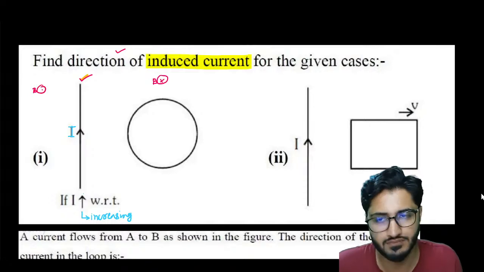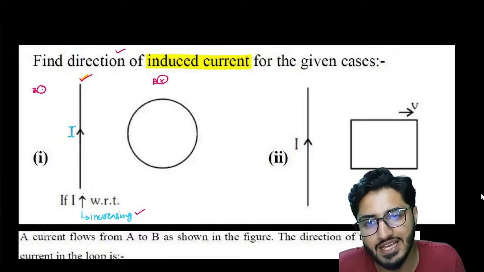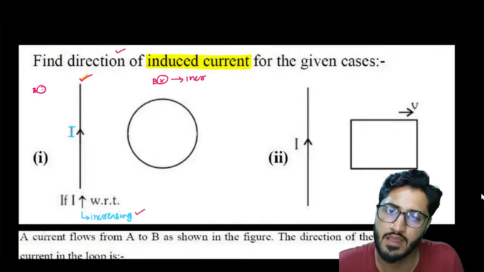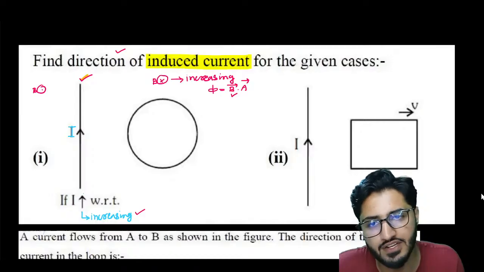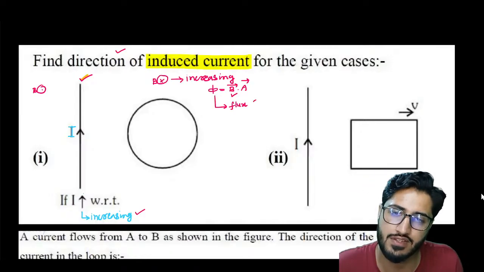Now current is changing, so my magnetic field is also increasing. If my magnetic field is varying, what is phi? Phi equals B dot A. If my B is increasing, you can write flux is also increasing.